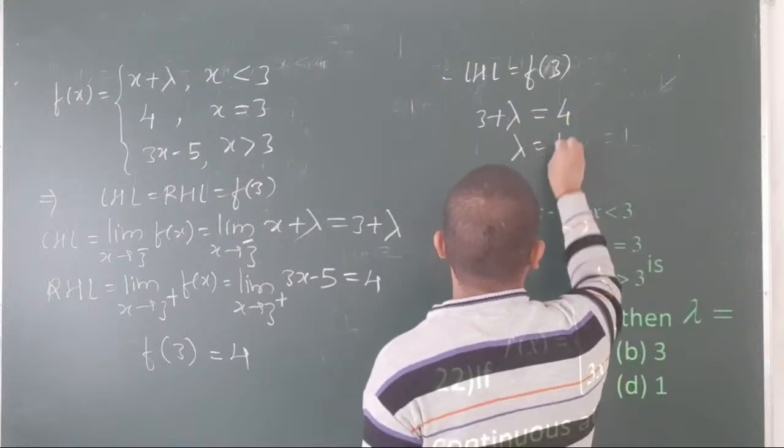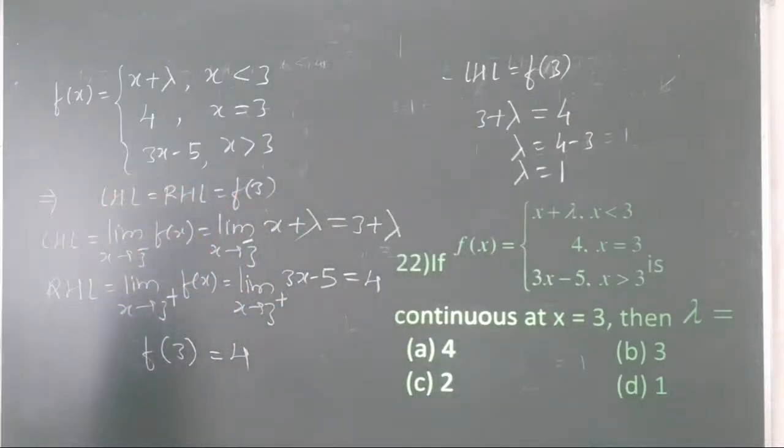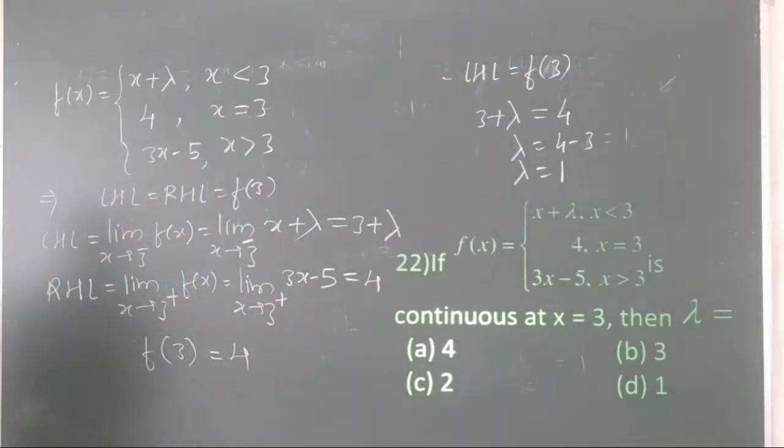So lambda is equal to 4 minus 3, and lambda is equal to 1. So therefore option D is correct here. Okay, so you just note down the solution.